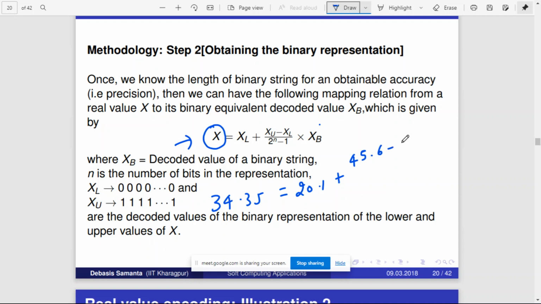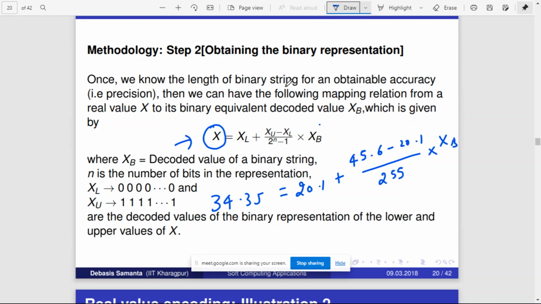Yeah, 45.6 minus 20.1 divided by 2 to the power n minus 1, so that is 255, into xb. This is the one we have to find, right? So by solving this equation, it can be found.